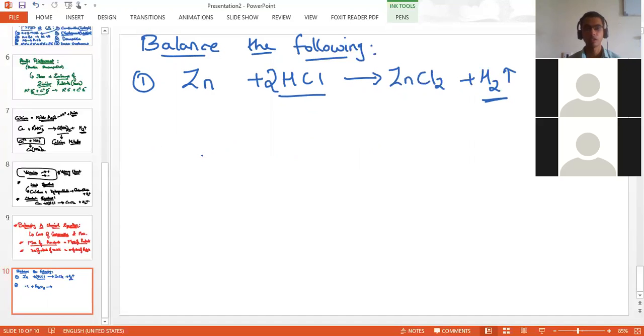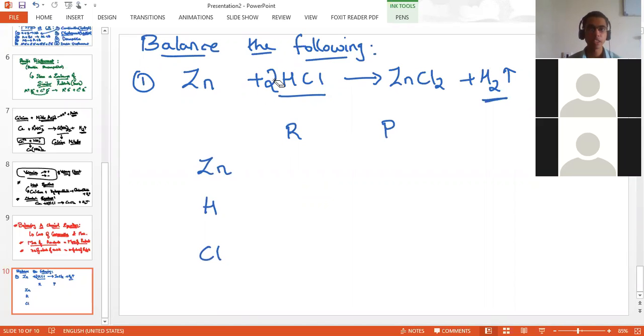So how to balance chemical equations? First of all, you make a table. What elements are there? Zinc, hydrogen, chlorine. And on the reactant side and on the product side, how many atoms are there?